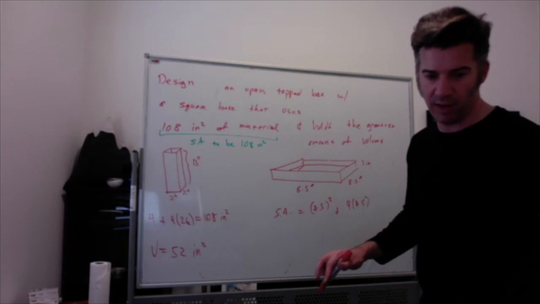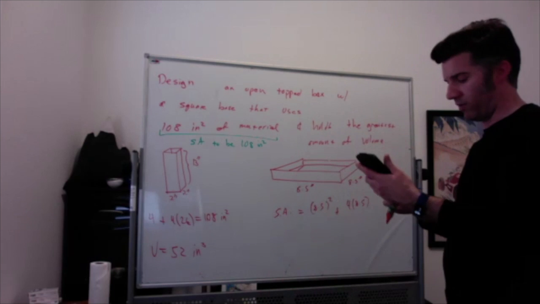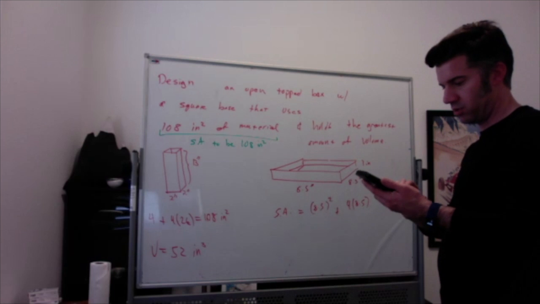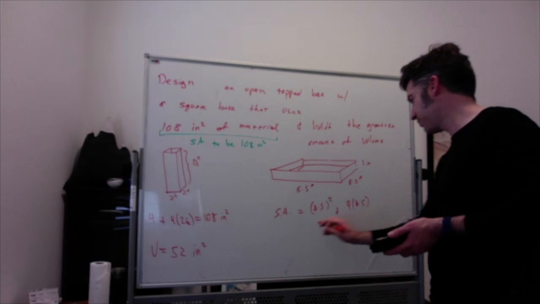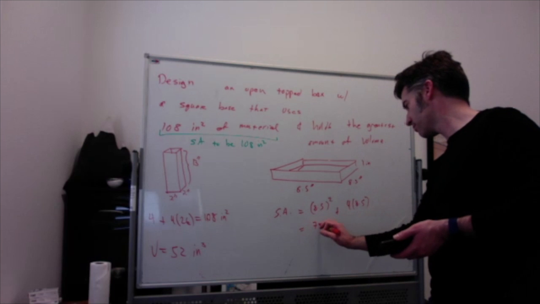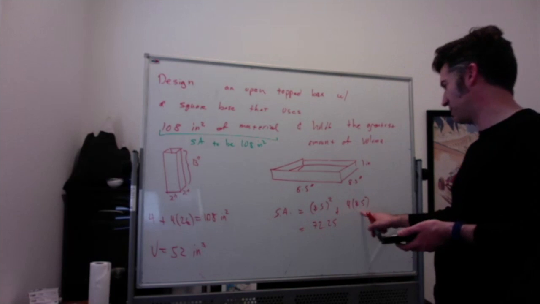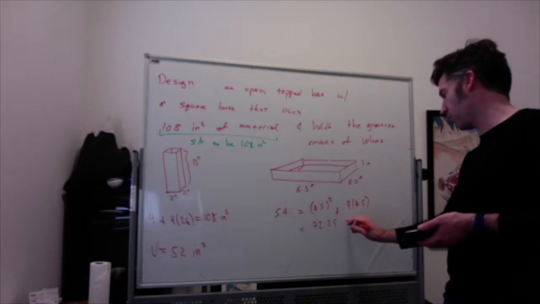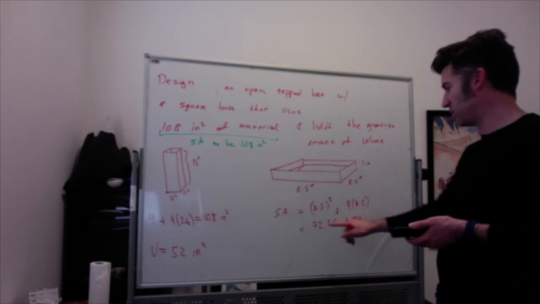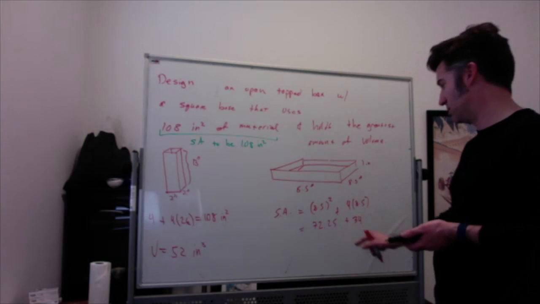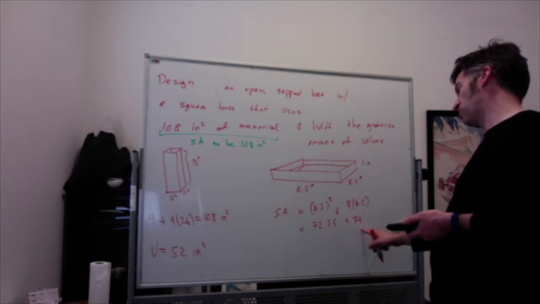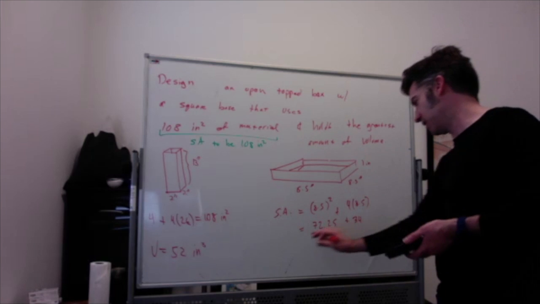8.5 squared is 72.25, and 4 times 8.5 is 34. These are both supposed to be a little bit bigger, so it's really about 73 plus 35.